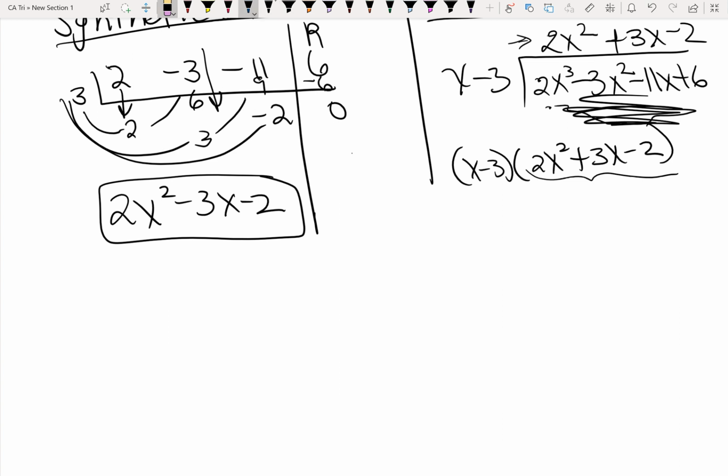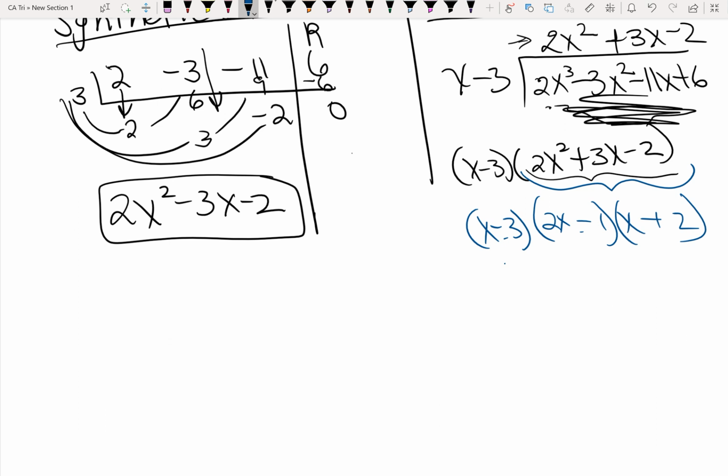Now we're going to focus on the 2x squared, and this factors further. It can be factored as 2x times x, with a minus 1 and a plus 2, so these are the 3 factors. My solutions are 3, positive 1 over 2, and negative 2. So that's the solution set.